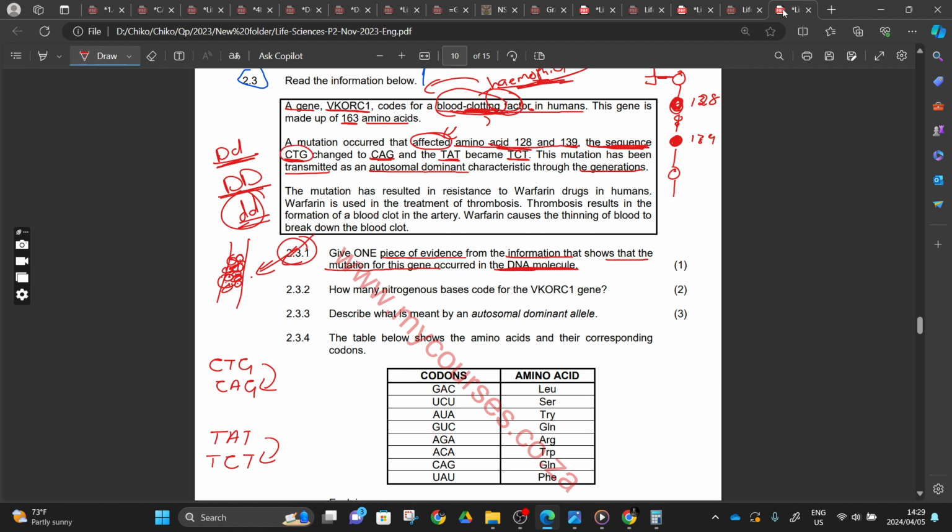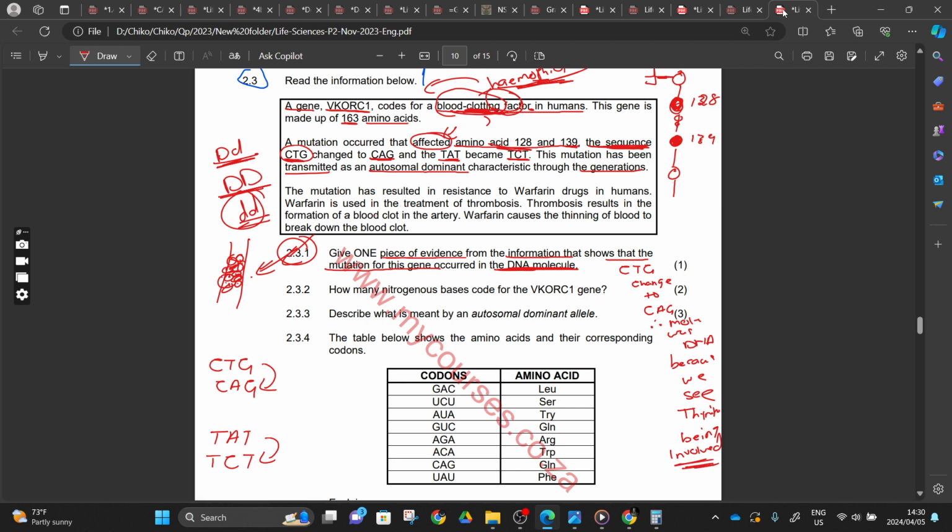The sequence that was changing was CTG. CTG changed to CAG. Therefore, the molecule was a DNA because we see thymine being involved.